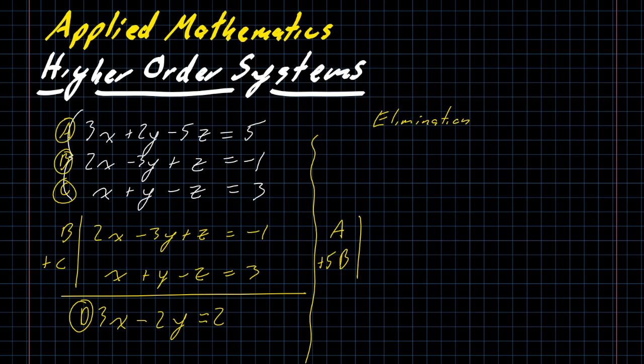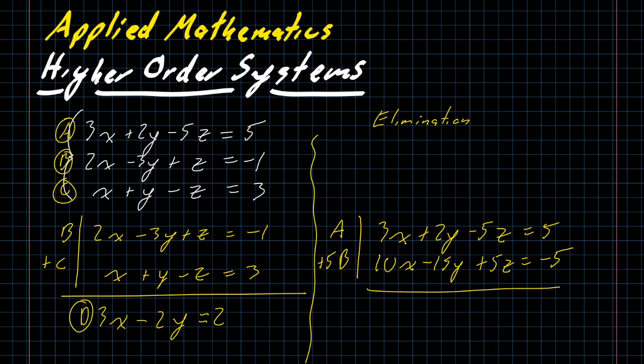So I'll have equation A by itself, and then 5 times equation B. So I've got 3x plus 2y minus 5z equals 5. I've got, let's see, 2 times 5 is 10x. 2 times 3 is 15, so it'll be minus 15y plus 5z equals negative 5.